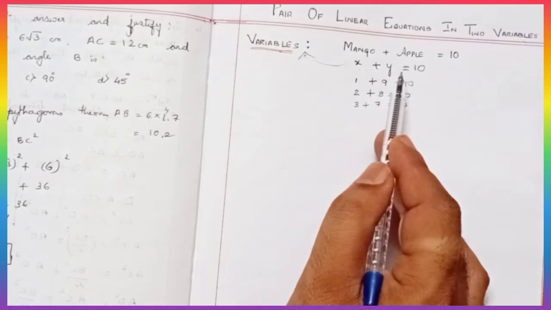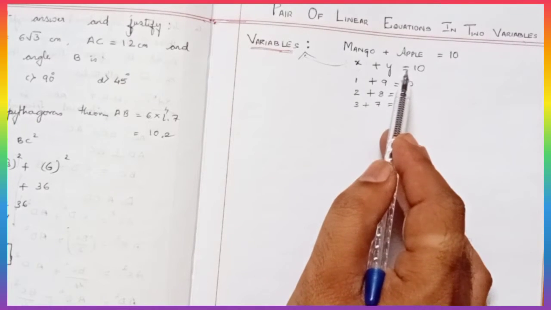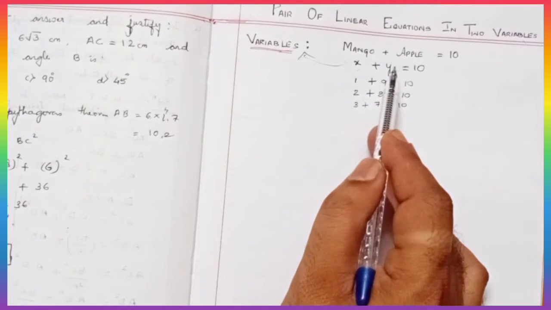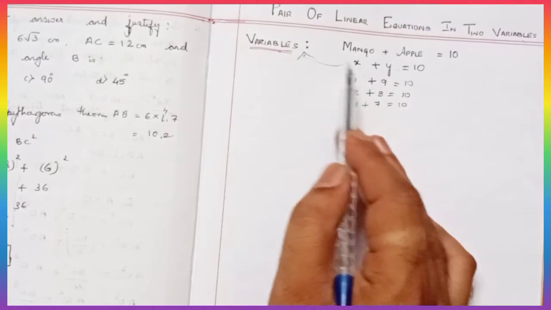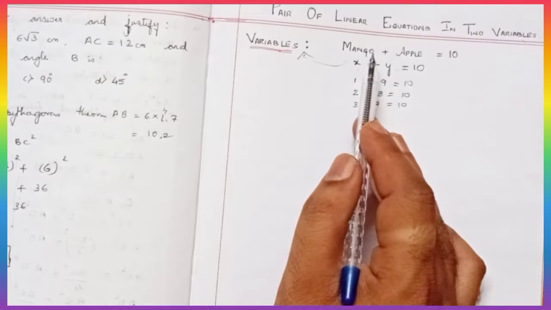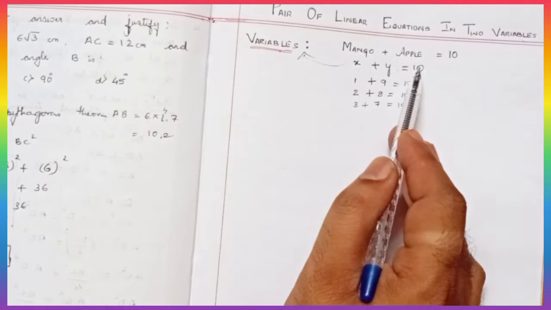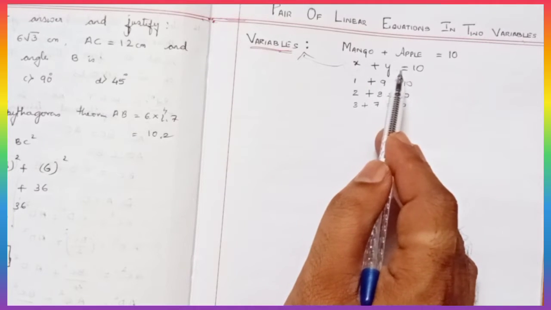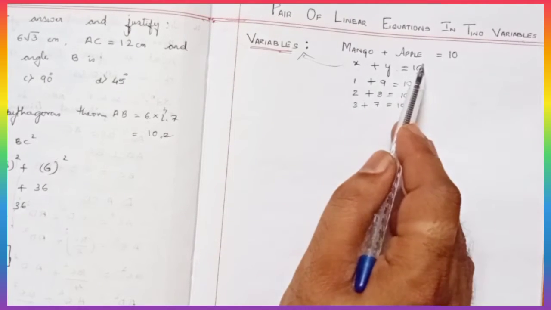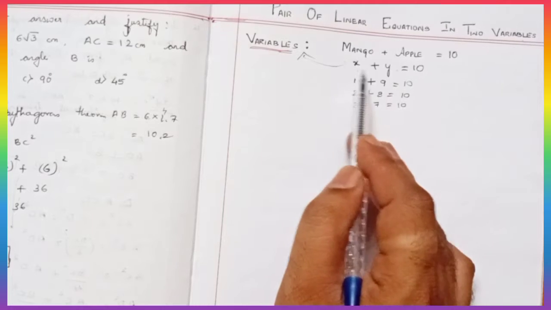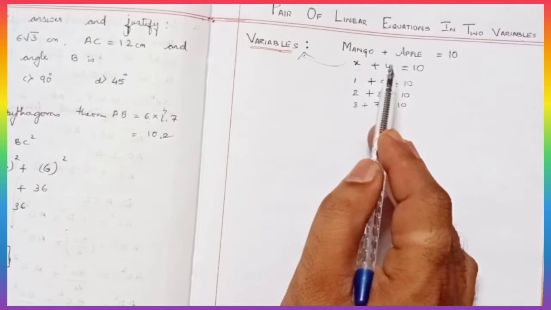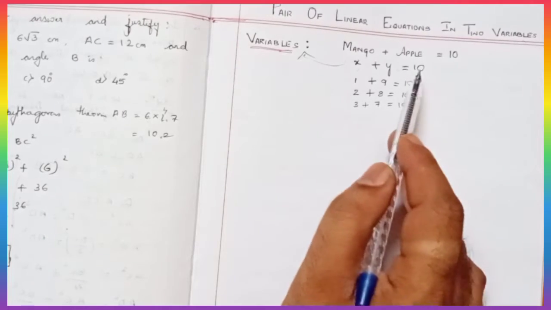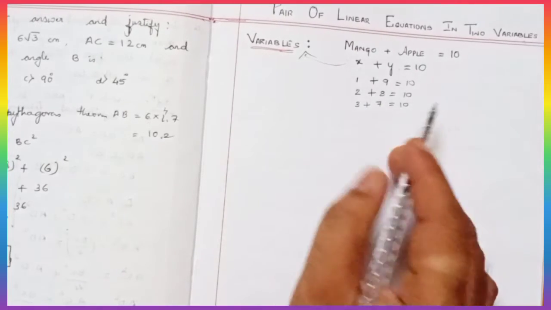The equal symbol is there, and we are equating the sum of these amounts to 10 rupees. When we equate one thing to another, that is called an equation. We are equating the amount of an apple and a mango, their sum is equal to 10. That is called an equation.